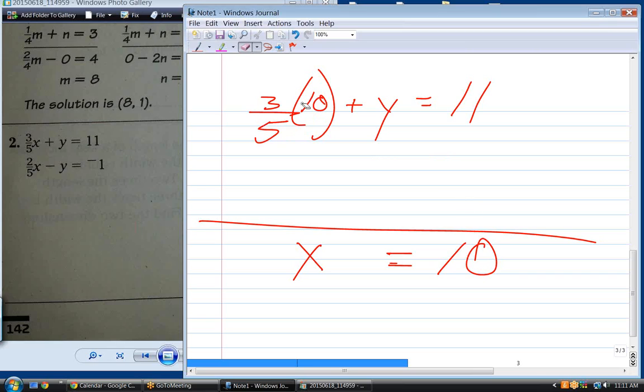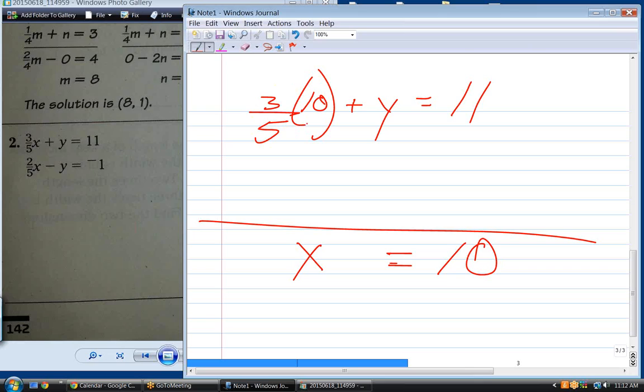What can I do? What's this equal to? I think, like 5 goes into 10 twice. Yes, that's what you want to do.